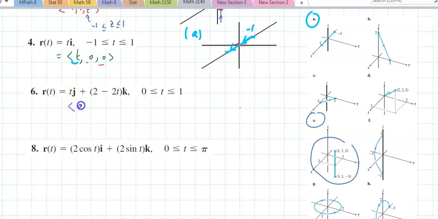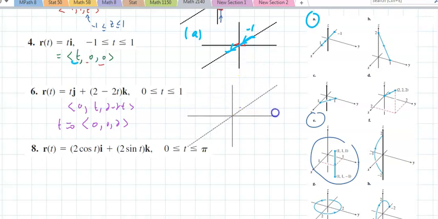So this is 0, t, and 2 minus 2t. Look at that. At t equals 0, r of 0 is actually 0, 0, 2. Should have erased that. So if I match this, I am looking at 0, 0, 2. This is where I start.